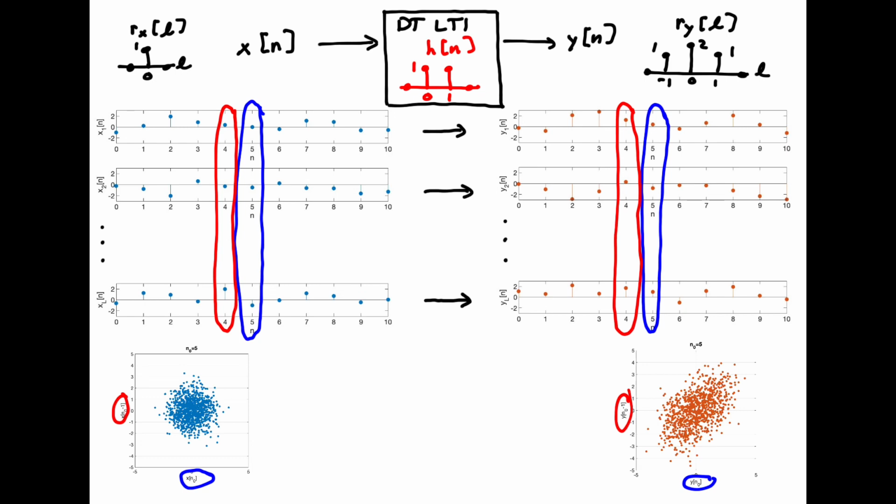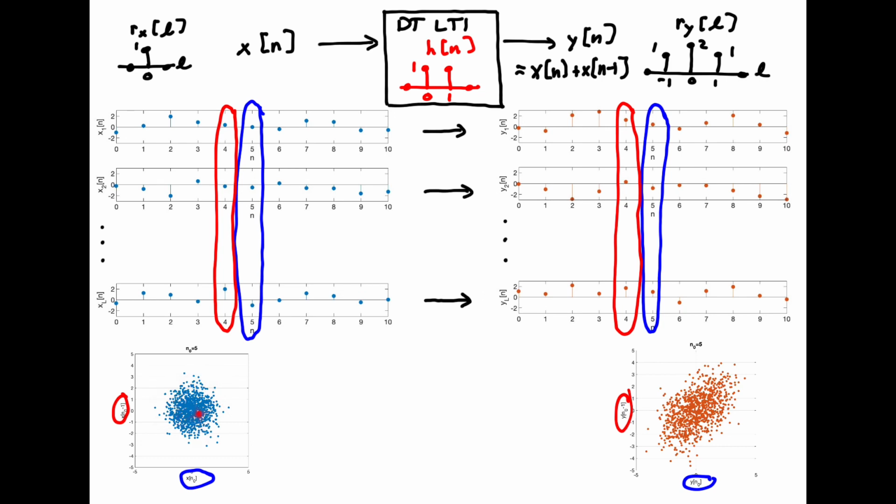We've increased the variance by running through this LTI system, where basically the output, remember, for this system, is equal to x of n plus x of n minus 1. That's what we derived before. Okay, so that's what this looks like.